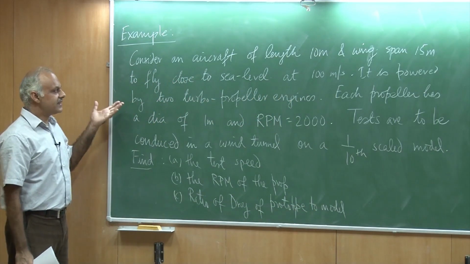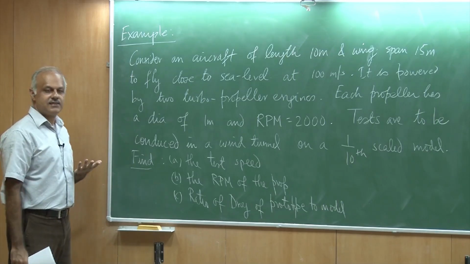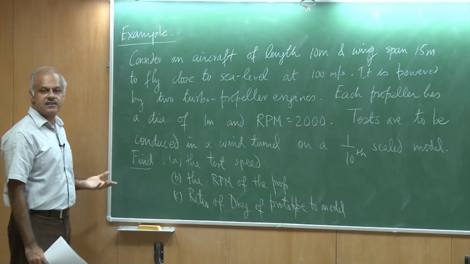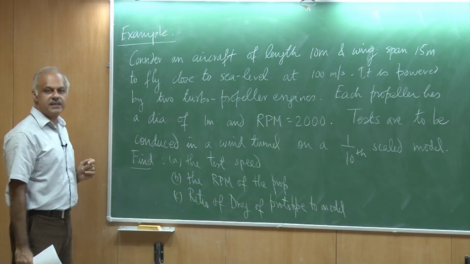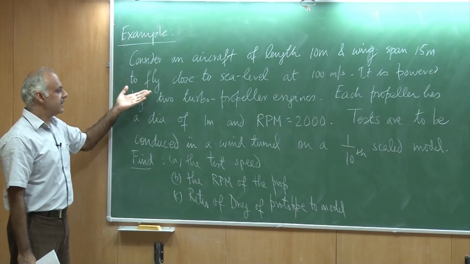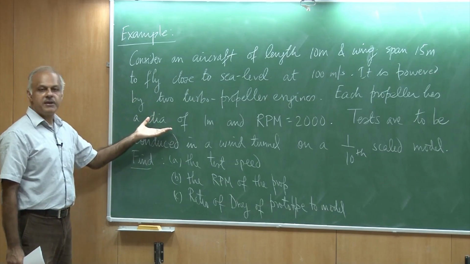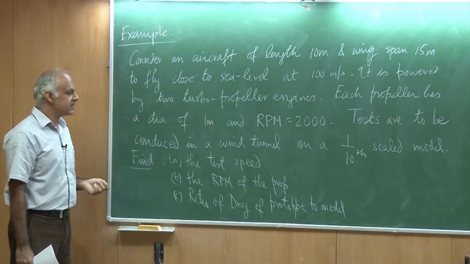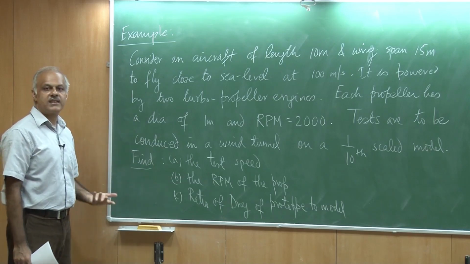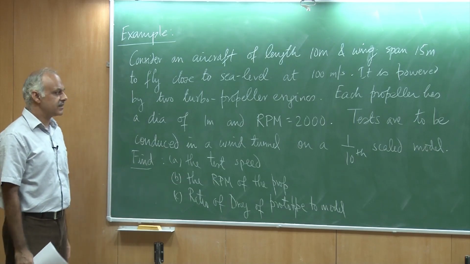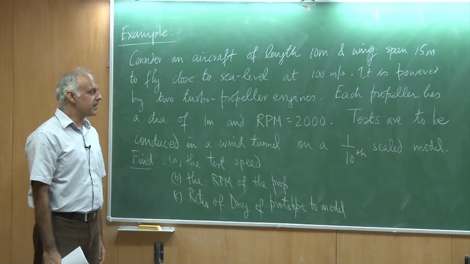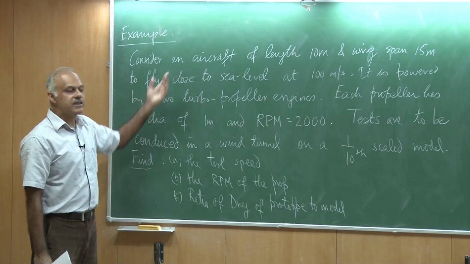So, imagine that there is an aircraft that is being designed, and these are the dimensions. 10 meter is the length, the wingspan is about 15 meter, and 100 meter per second, 2 engines, the diameter of the propeller is 1 meter each, and the RPM is 2000. And now we need to conduct a test of this inside a wind tunnel. Now, the wind tunnel test section may not be large enough to incorporate the full aircraft.